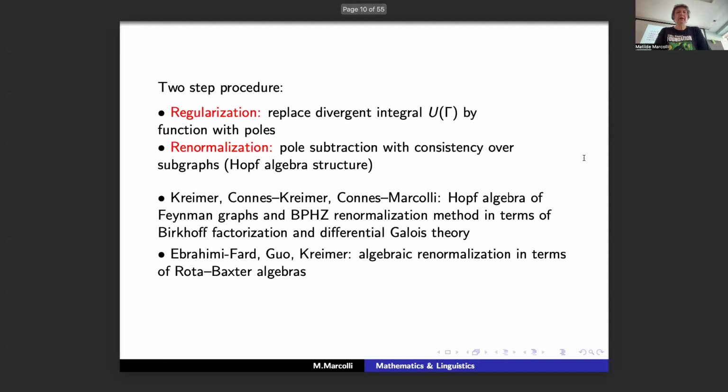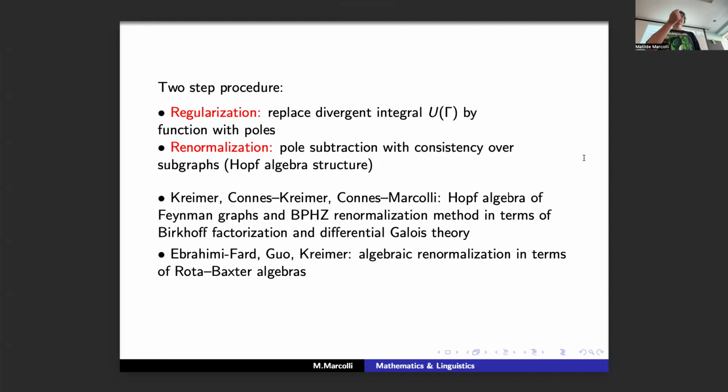If one tries to check in a more precise way what is going on in this renormalization story, first of all, there are two steps that are separate from each other. One of them is that you first regularize these divergent integrals. What that means is something like this. There's an integral you're trying to compute, and it diverges.